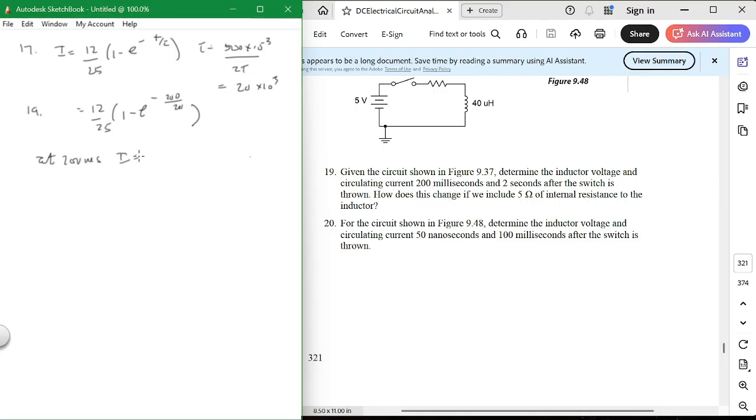What is e to the minus 10? Everybody find out. A very, very small number, okay?